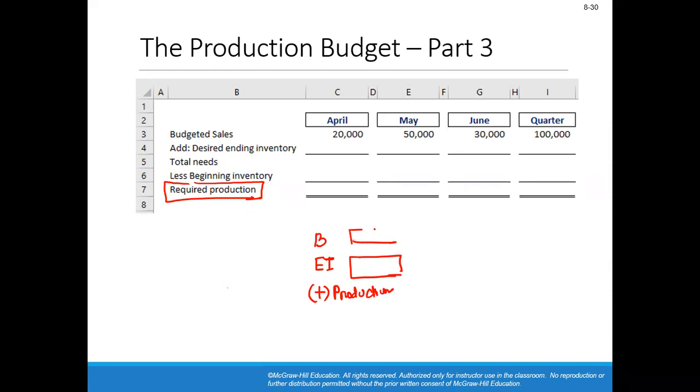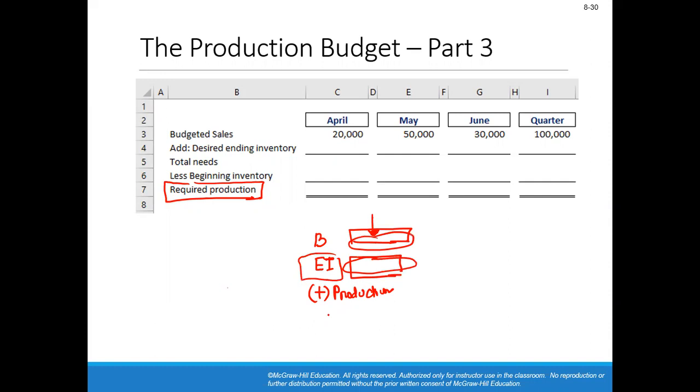I have the budgeted sales for each month. So for this particular month, I should prepare the amount which I will be selling. I also need to prepare another amount which is part of the ending inventory.